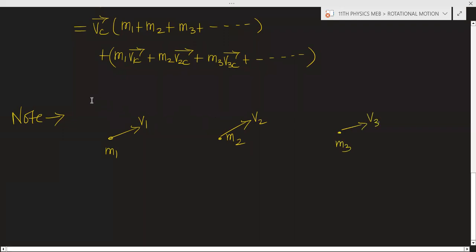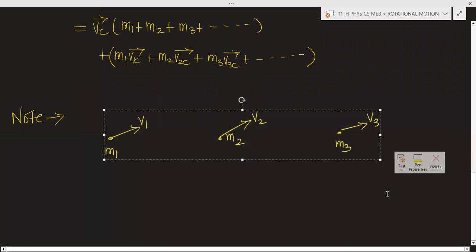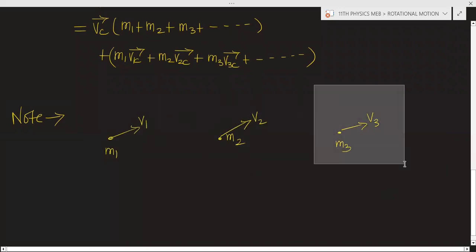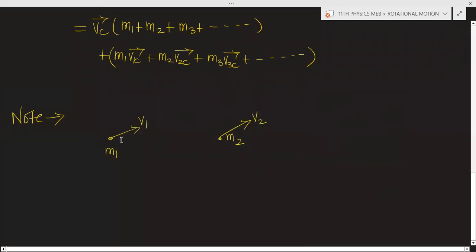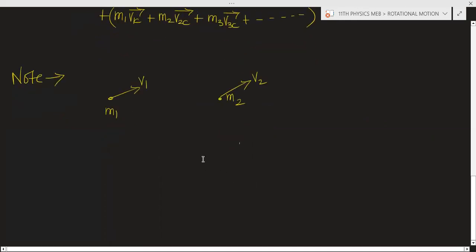There will be a center of mass of these masses. To understand better, take two masses only, m1 and m2. This is a system of masses, and for this system there will be a center of mass.